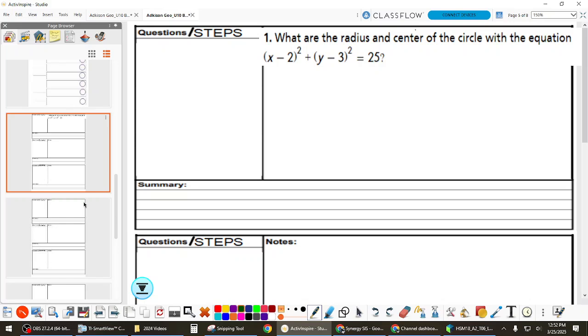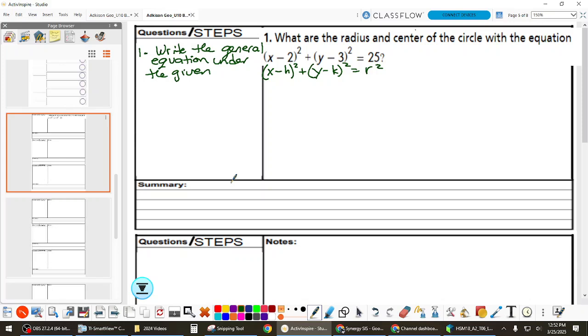So, if you're given a question like this, I would recommend writing the general equation under the given. Here's what I mean: (x minus h) squared plus (y minus k) squared equals r squared.